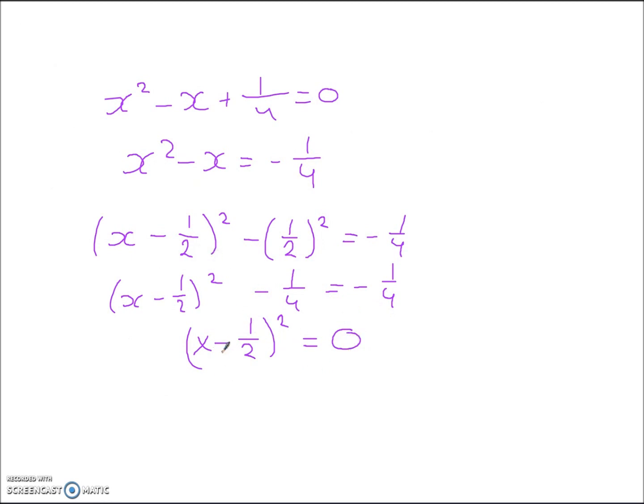What number do I need to square to obtain 0? Well, that is simply 0. And since there is no negative version of 0, there is only one solution. And that solution is x is equal to a half.